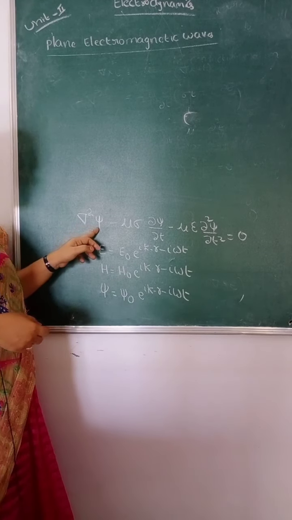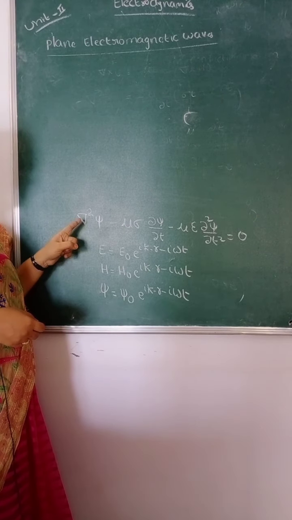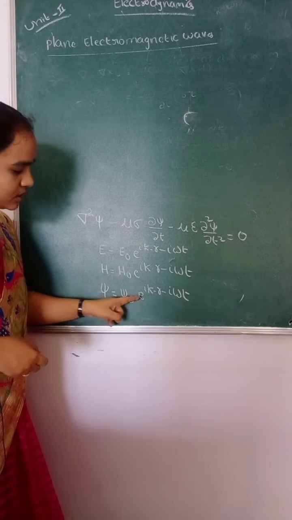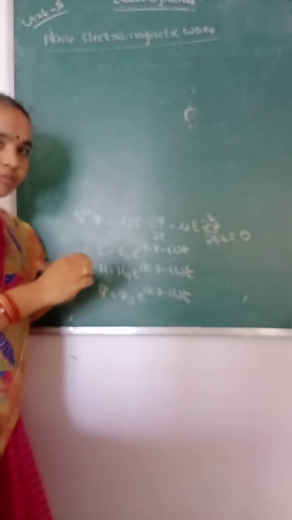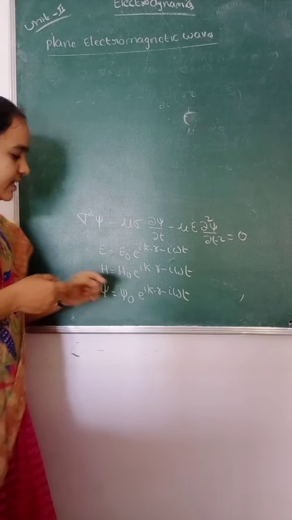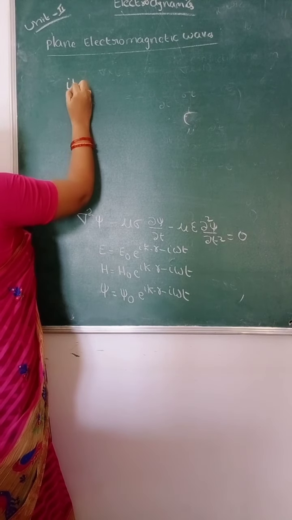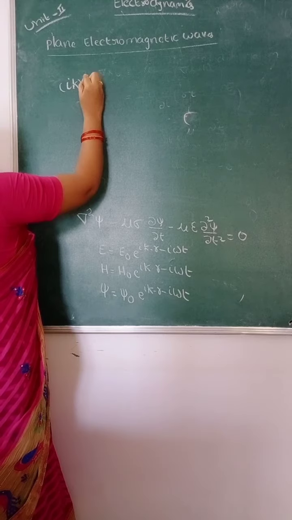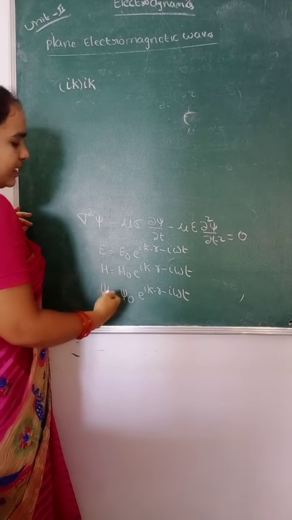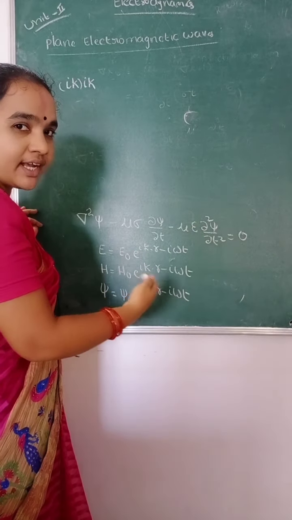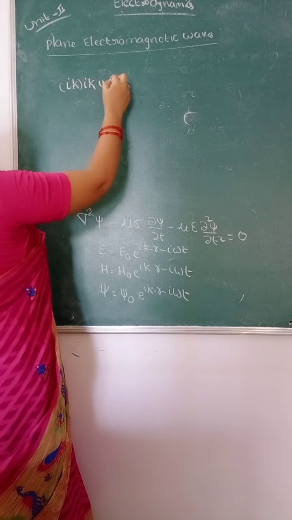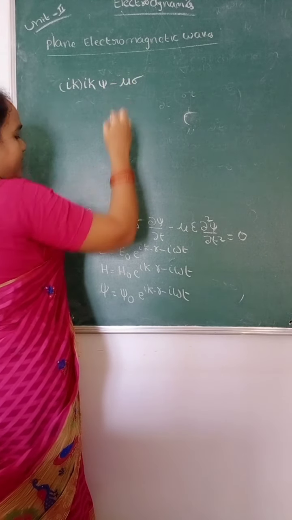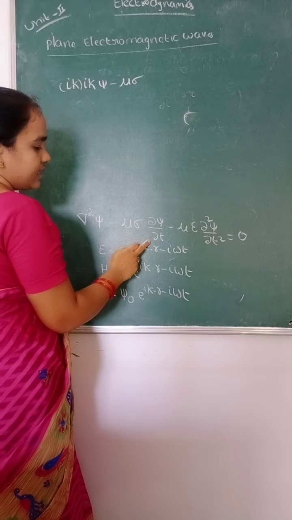So del square psi means differentiating with respect to position 2 times. What is the coefficient of r here? I k. So by differentiating 2 times we get I k and I k multiplied by psi naught e power I k dot r minus I omega t, that is psi, minus mu sigma differentiating psi with respect to time.